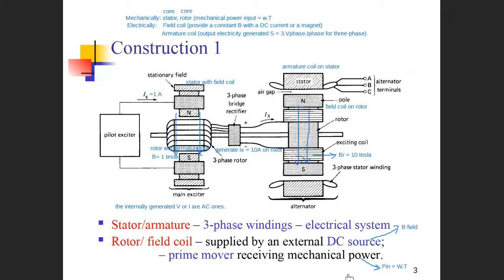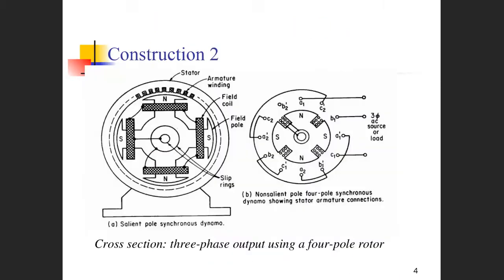Now we look at how the field coils and armature coils are arranged internally on the rotor and stator respectively. Here, have a look at the possible electric connections of the stator and rotor coils.